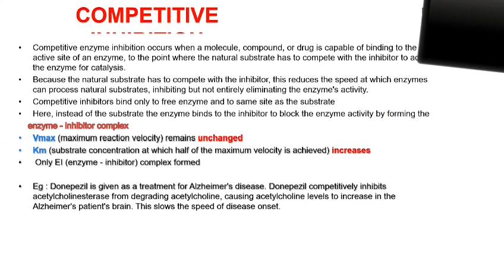Donepezil acts as an acetylcholinesterase inhibitor. Acetylcholinesterase breaks down acetylcholine, which is a neurotransmitter, but donepezil inhibits the activity of acetylcholinesterase, resulting in increased acetylcholine to treat Alzheimer's patients. This does not treat the disease completely, but it slows the speed of disease onset.